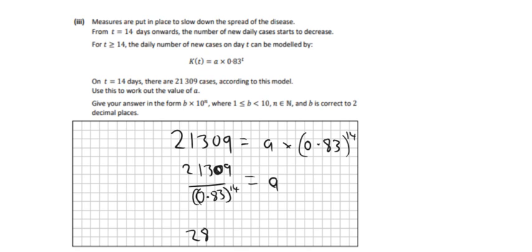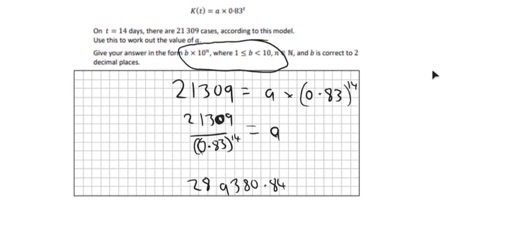You should get 289380.84. But then they want you to put it in standard form. So you'll need to move the decimal point over. So it'll be 2.89380884. Oh, it's correct to 2 decimal places as well. So we need to round it off to 2 decimal places as well.